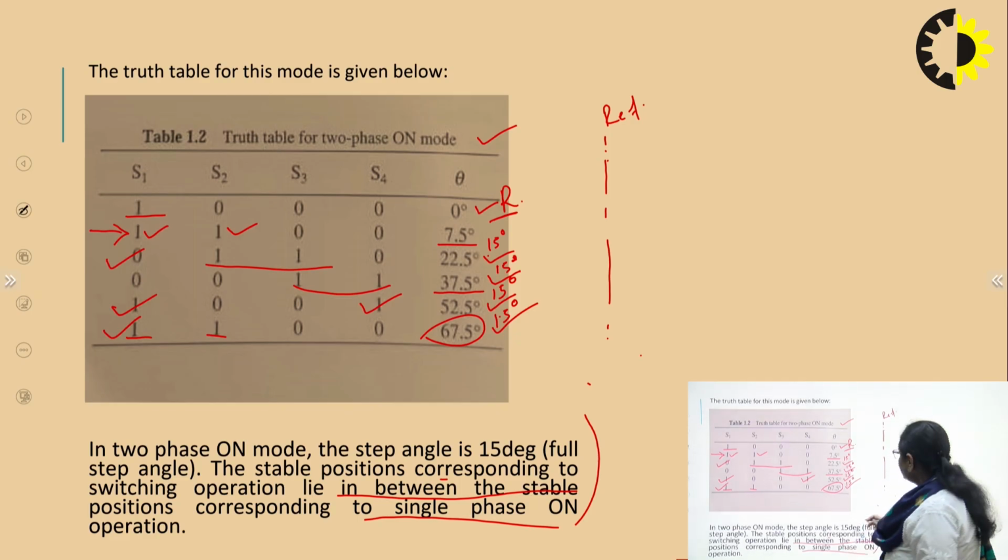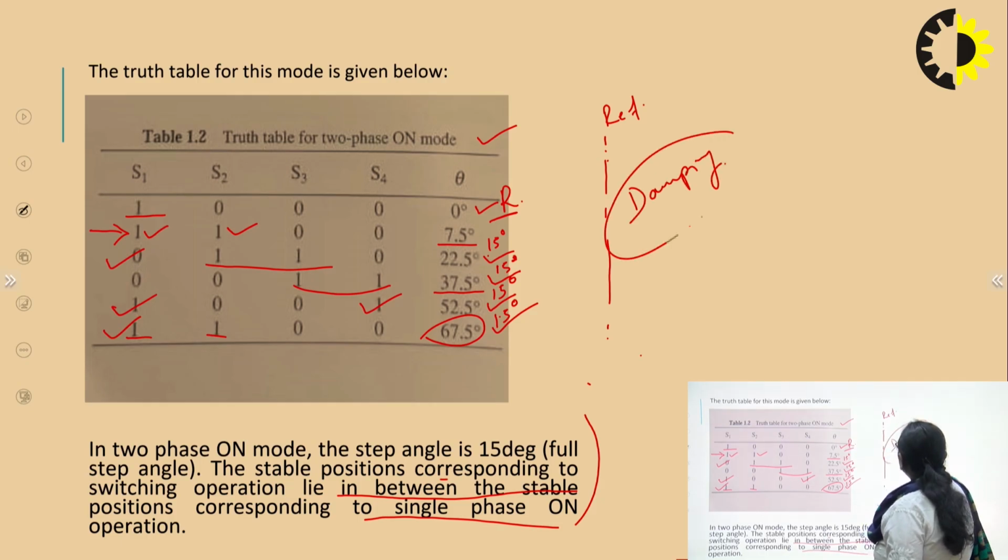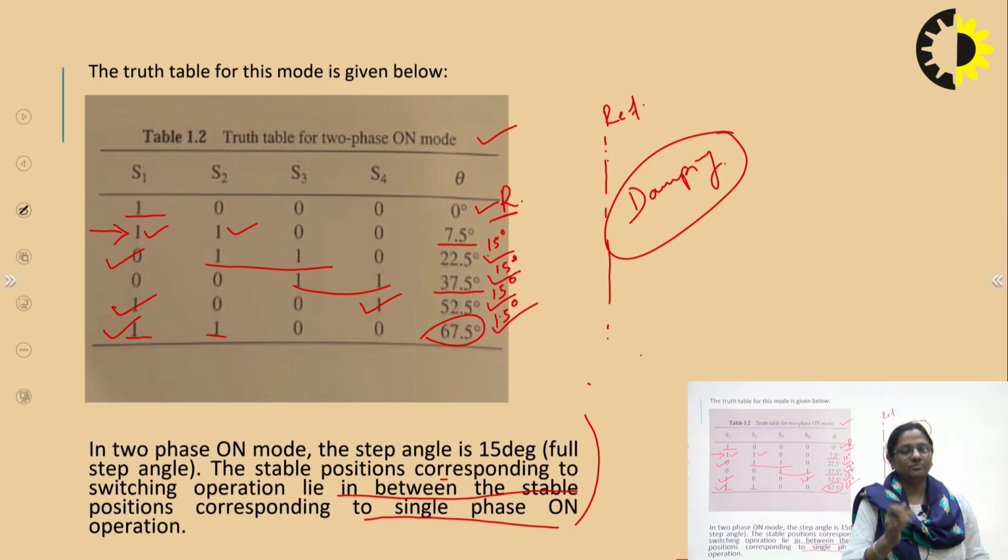So the answer is related with the damping of the rotor oscillations. The rotor has a tendency to oscillate around its final position for some time.